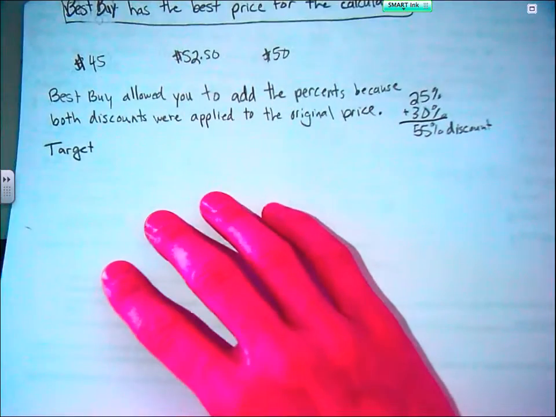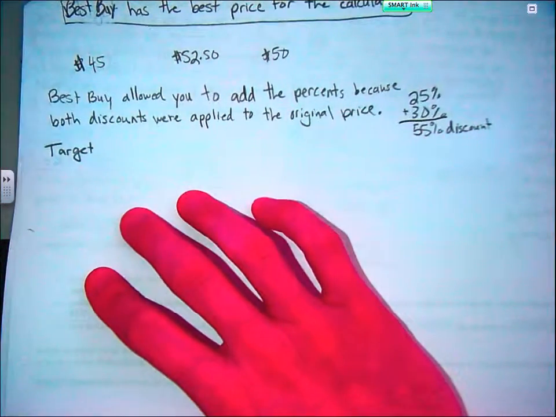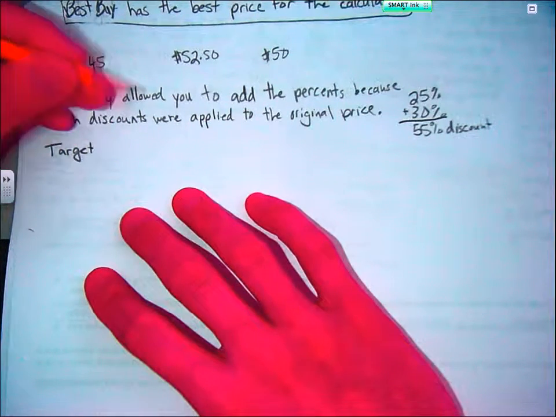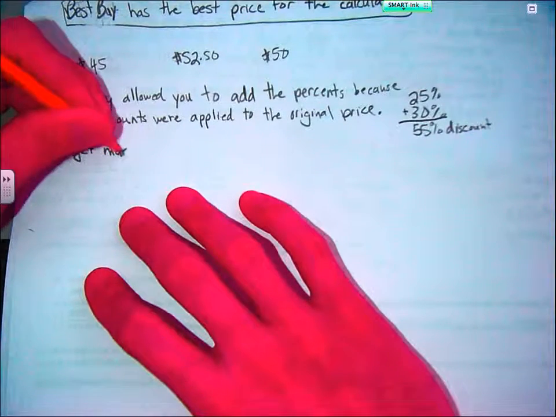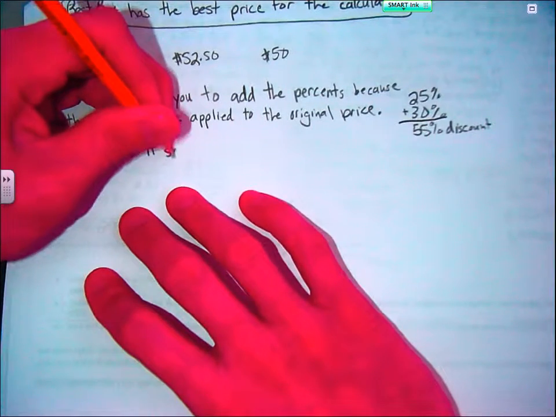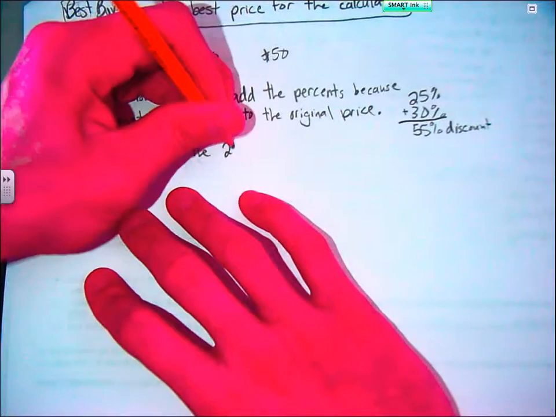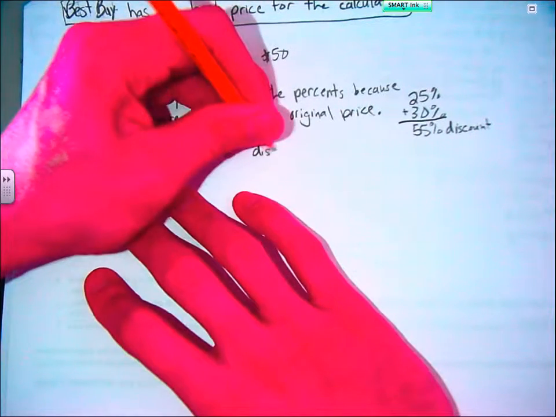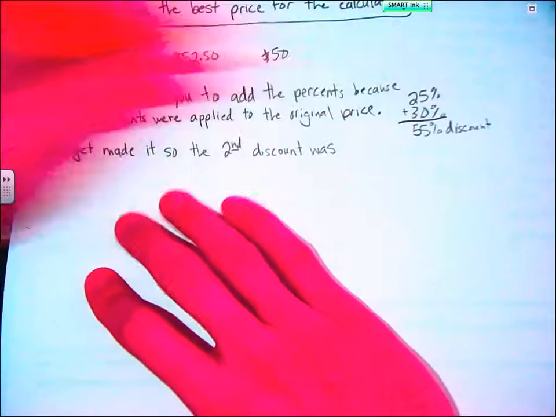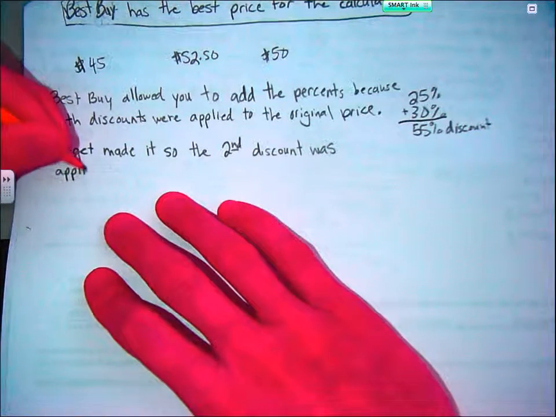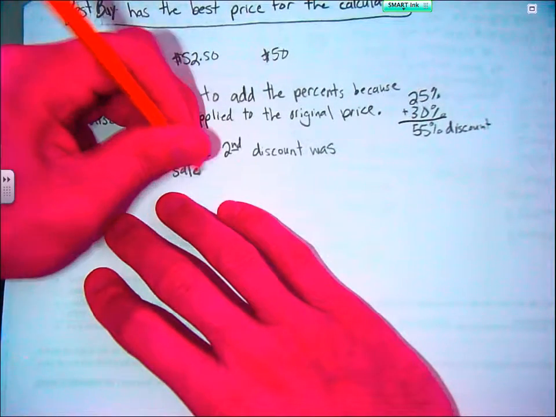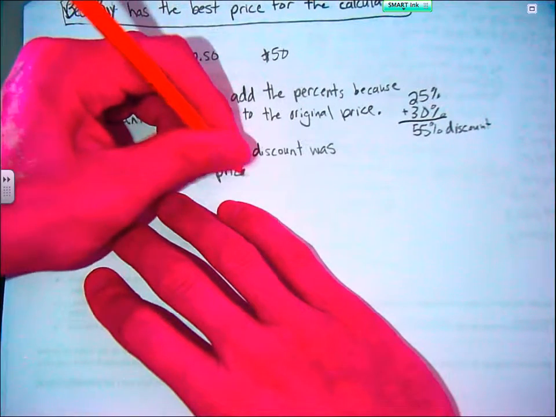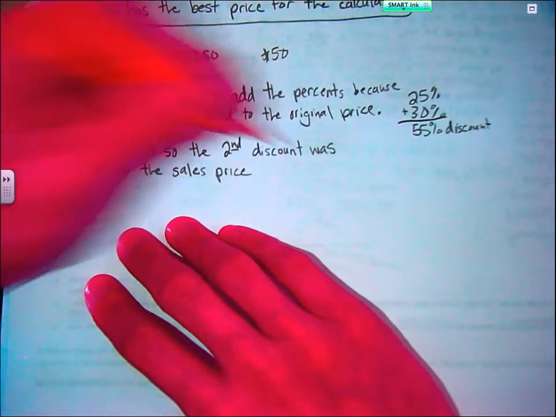Target had wording or made it so the second discount was applied to the sales price. So you couldn't add the percents.